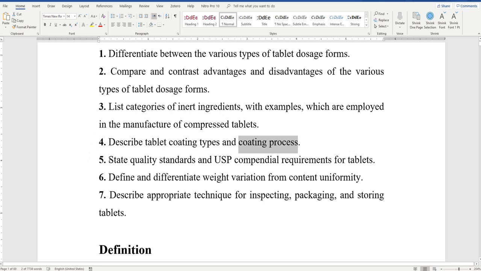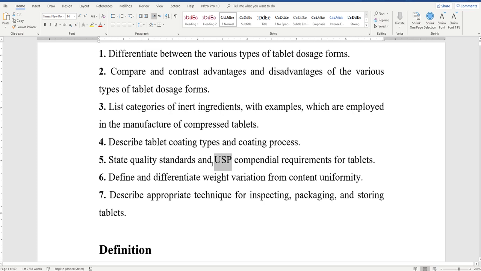Also, as with every topic, you need to know about the quality standard tests that are applied to tablets. Of course, United States Pharmacopoeia requirements are important in this regard. But it's not only the United States Pharmacopoeia that is available for this purpose.